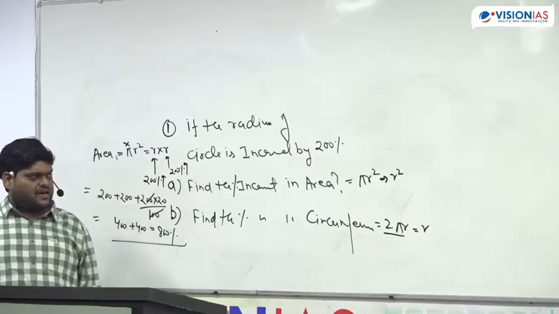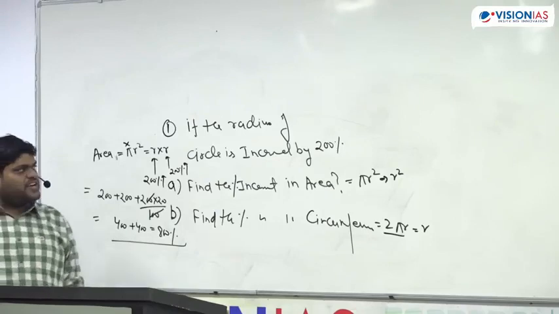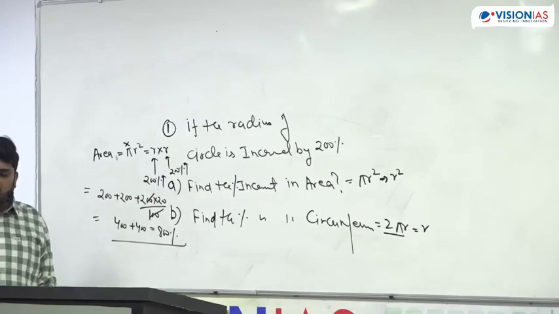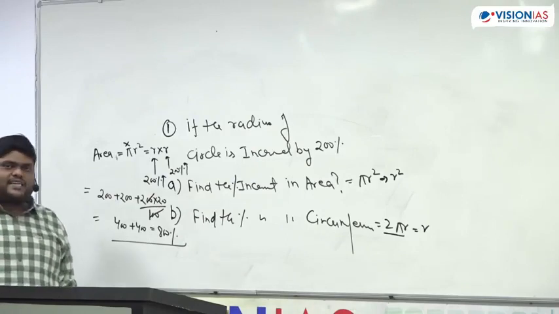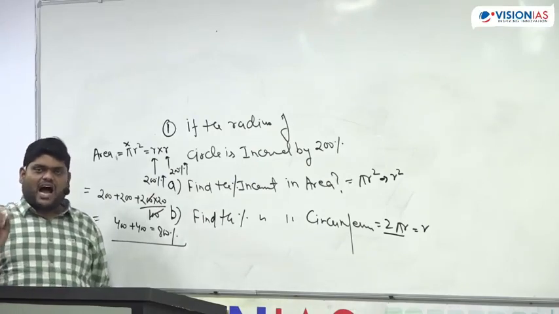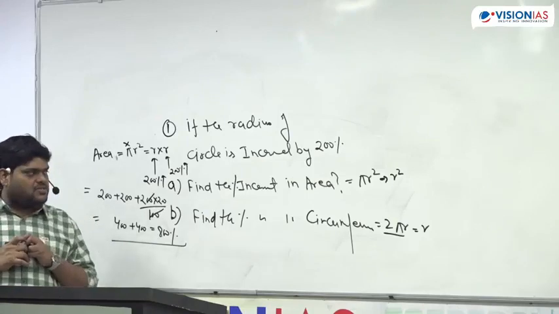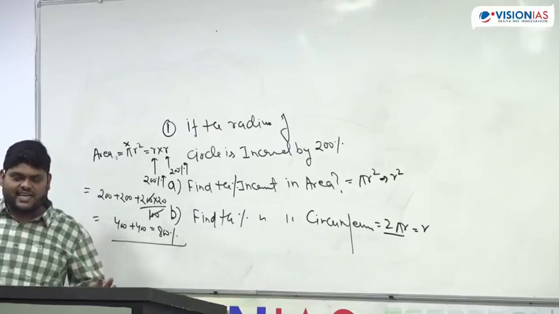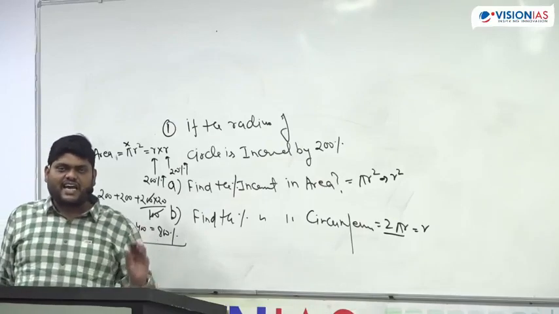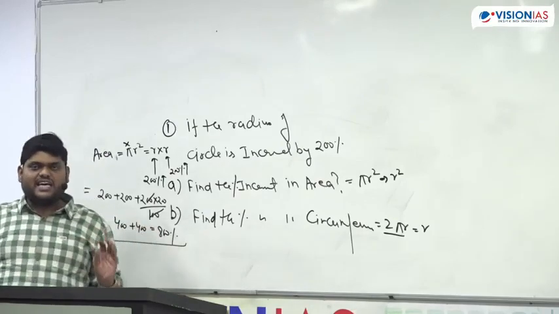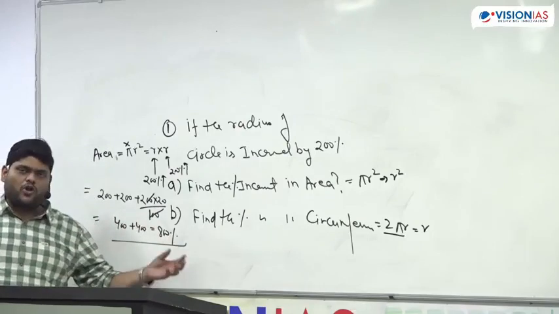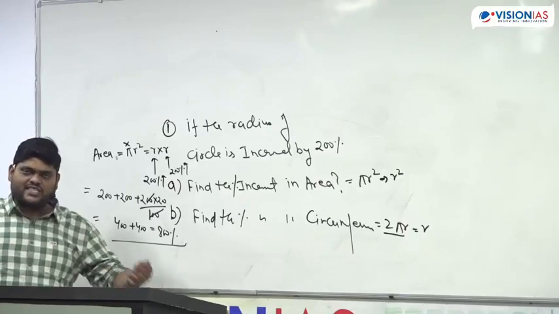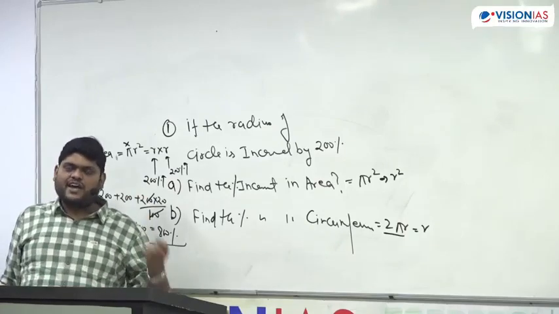Anshika is asking why there is an increment in the area when it is written as length and breadth. That's why I told you, sir, you can go and check. I have already explained this. I took 15 minutes to explain the concept that when there is an increment of length and breadth, alternatively the meaning is there is an increment of area, or volume, or whatever is given. Are you getting my point or not? So you can go and check the video again and you will find your answer.